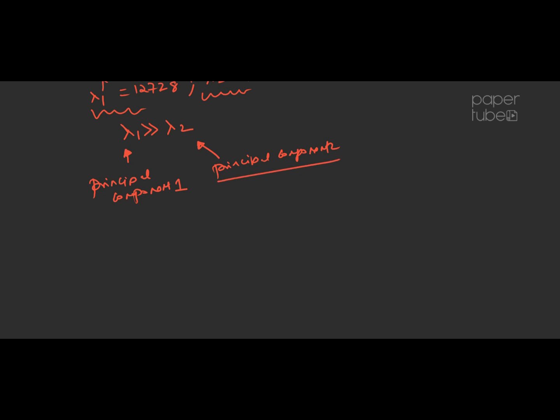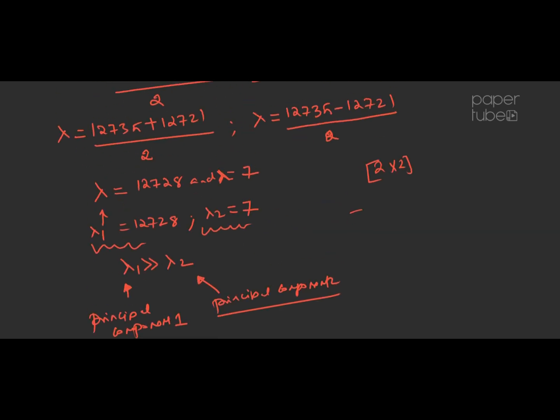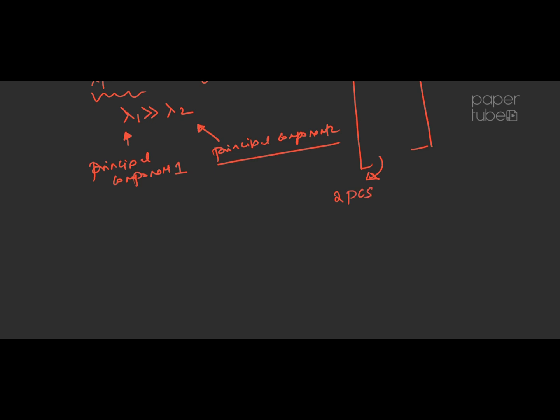And something that you should remember: if you look at your actual data set, you have x comma y, that makes 2 of your measurable quantities. Which means out of 2 measurable quantities, you can get 2 principal components, 2 PCs. But the purpose of getting the principal components is to reduce the dimension.